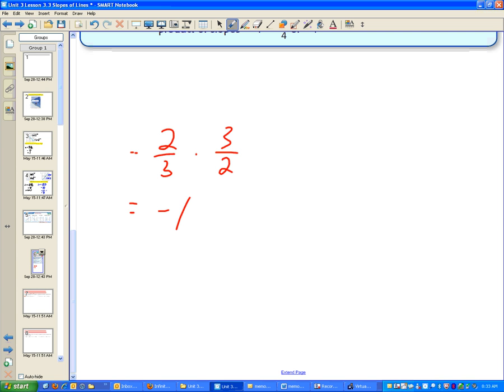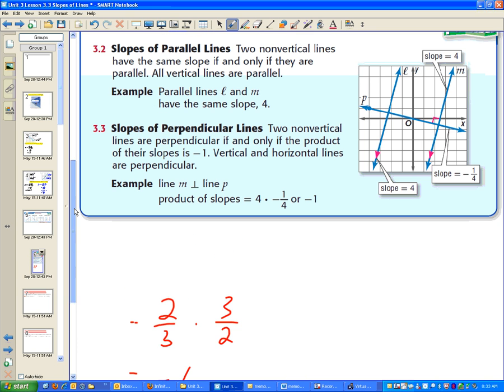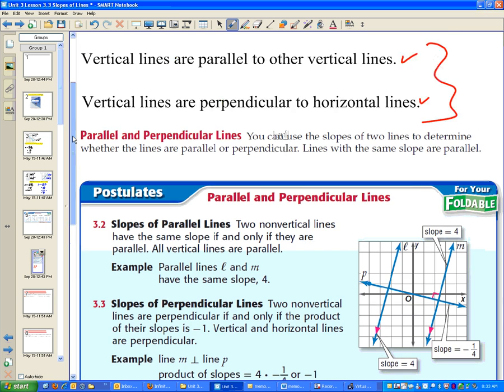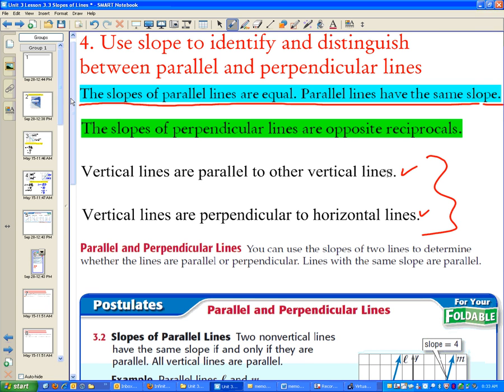And their way's fine. I mean, their way's the way the books always say it, okay? That the product of the slopes equals -1, all right? So vertical and horizontal lines are perpendicular. So what the book says is what I said. I hope my way makes sense to you, and I hope the book's way makes sense to you. Questions?